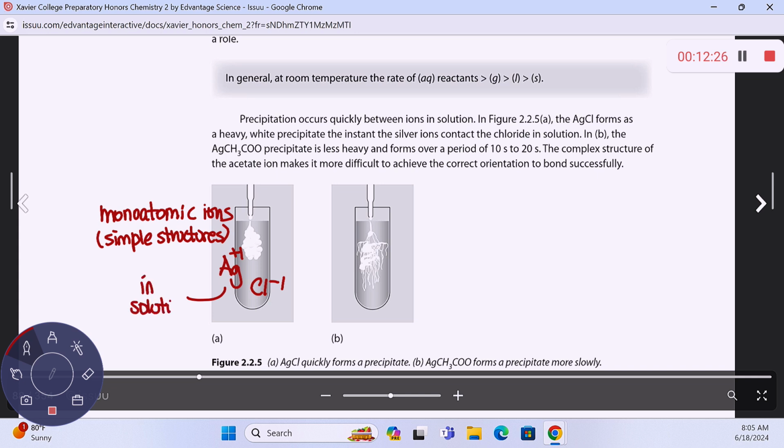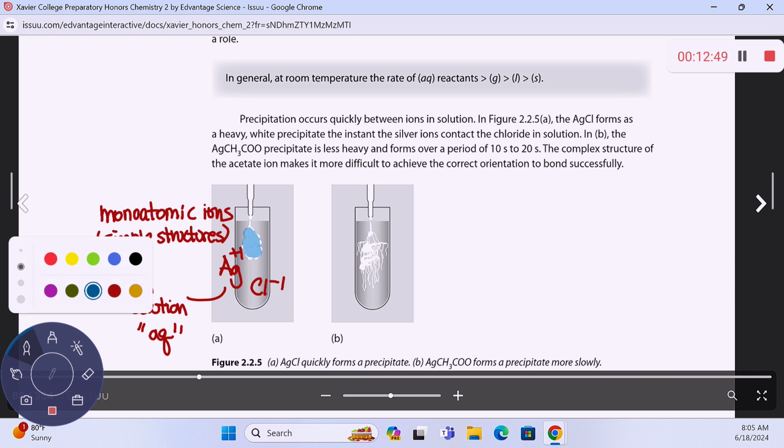So that means they are dissolved in water. So they are aqueous. This is a very fast reaction rate because of their state of matter, because they're dissolved in water, and because they're very simple structures. This is the precipitate that forms when you mix the two solutions that contain those two ions. It's extremely fast.